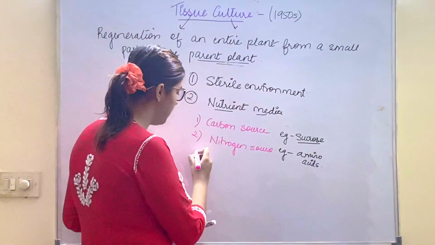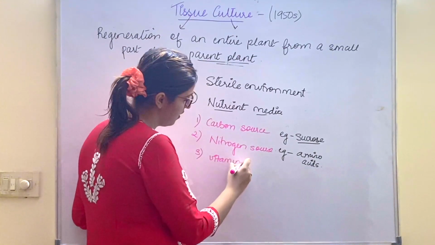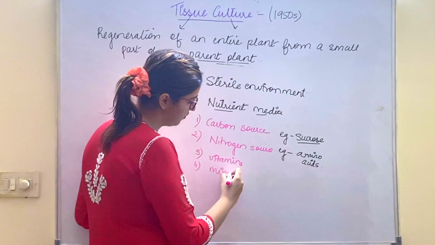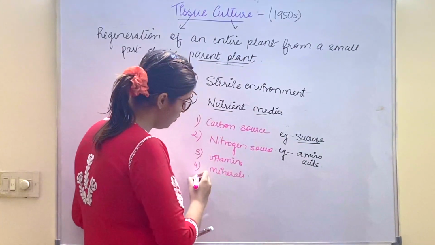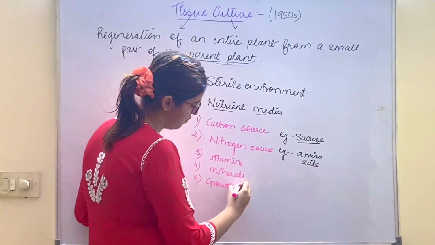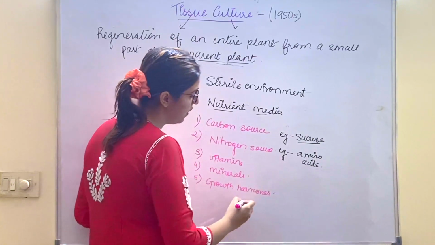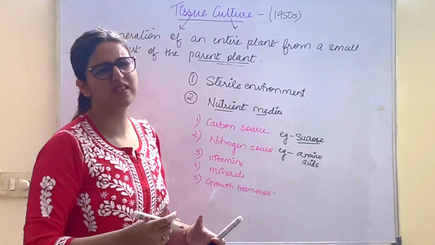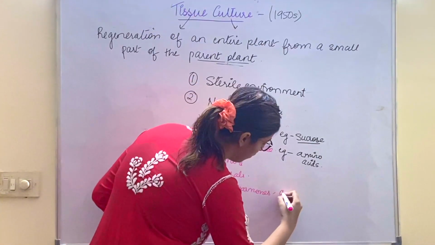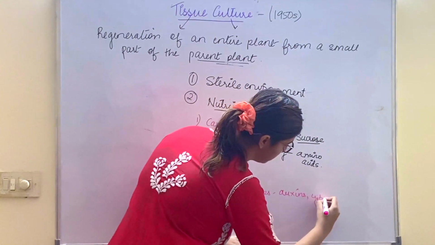Besides that, I require vitamins and minerals. These are growth supplements. Also, I am going to add certain growth hormones. You must be knowing about plant growth hormones: auxins, cytokinins, gibberellins. So here I'm going to add auxins as well as cytokinins.